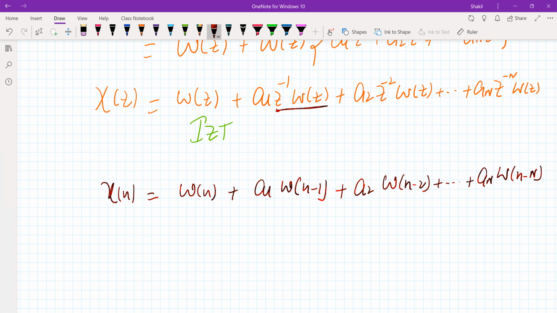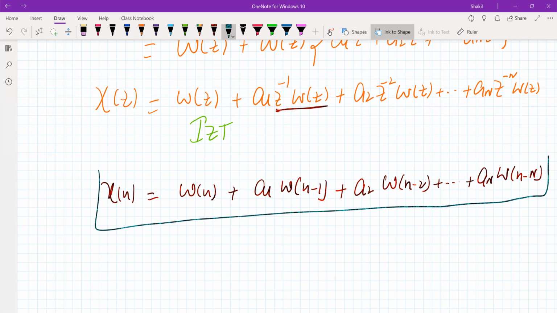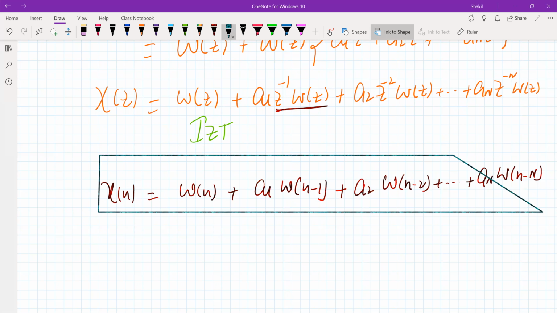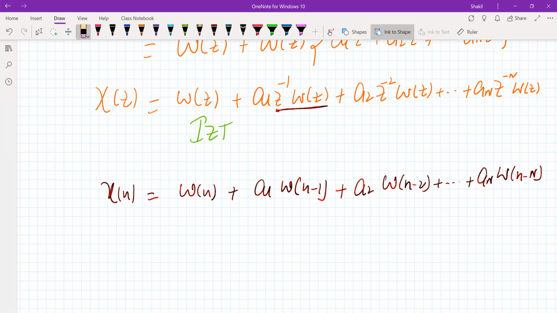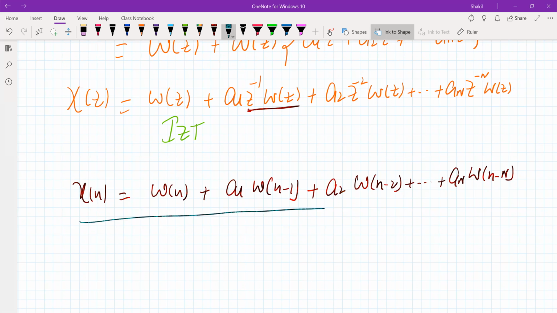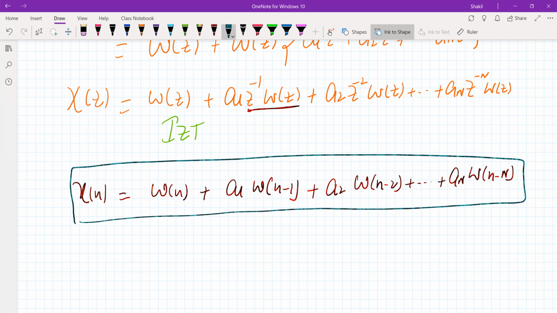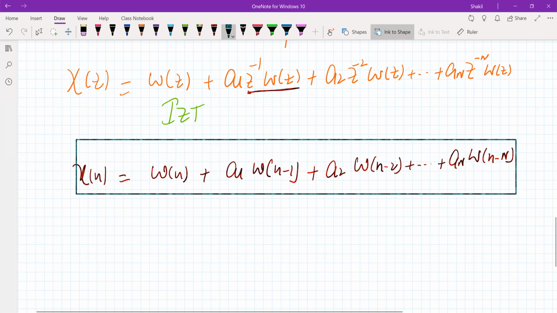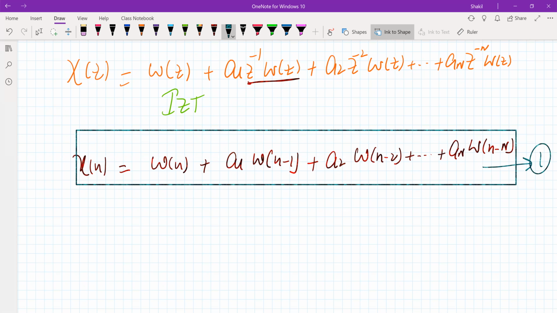Right? So this is our expression 1. This is the expression that we'll use to realize the poles of the system.